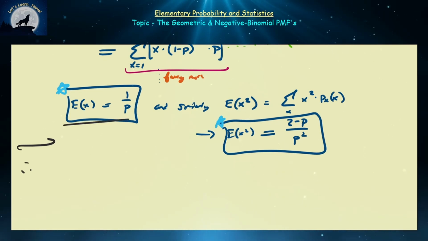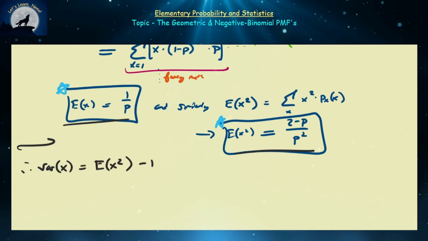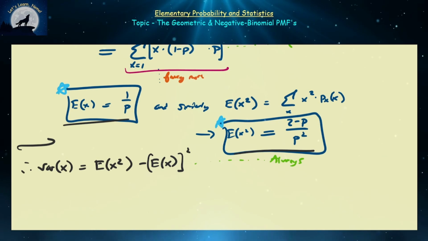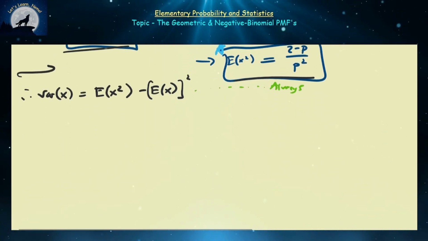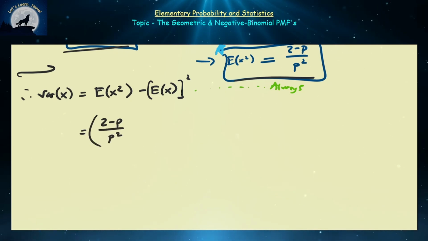Regardless, if we have the second moment and the mean, then we should be able to find the variance of this random variable, because this is always equal to the second moment minus the mean squared. Right, and keep in mind this is always true for any discrete and also continuous random variable. So for us, this is going to be equal to (2 minus p) over p squared, and then minus (1 over p) quantity squared, right?